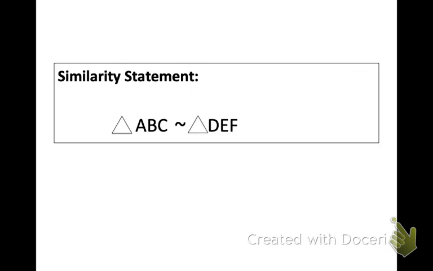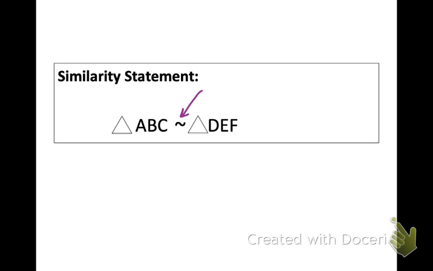The next vocabulary word we have is a similarity statement. So you were professionals of congruent statements back in chapter 4. Similarity statements still kind of look the same, except now we have a new symbol for similarity. So here I have triangle ABC.